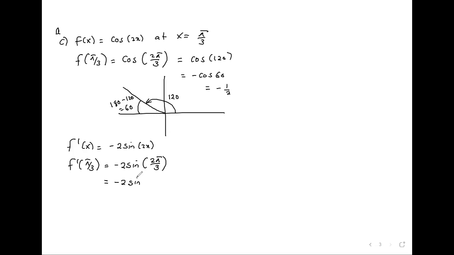So we are dealing with sine now. Sine is positive in the first and second quadrant. So it's the same thing as dealing with direct sine 60. Now sine 60 is √3 over 2. So here we get -√3.